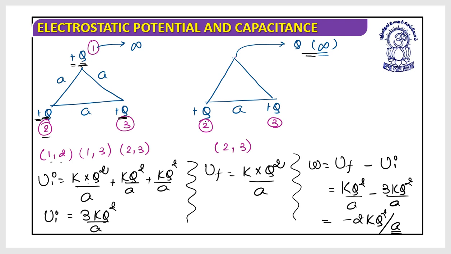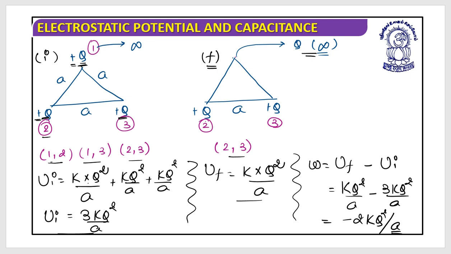Now look at this carefully. What we have done is that I made an initial system, I made a final system, then I made pairs, 1 comma 2, 1 comma 3 and 2 comma 3, and I made a pair of this as well, 2 comma 3. Then I wrote the initial potential energy of this, and then the final potential energy of this.